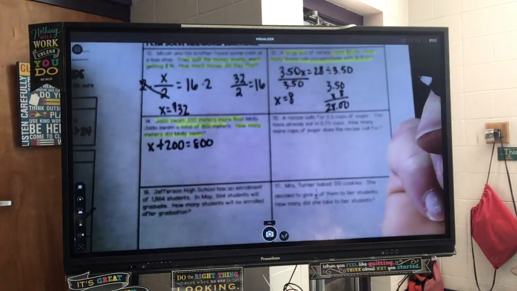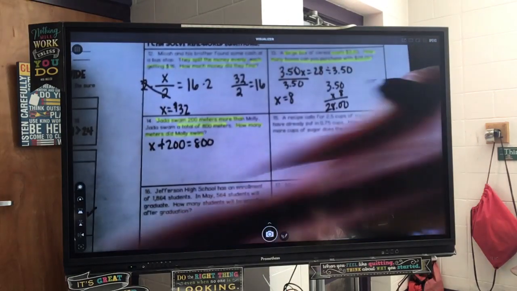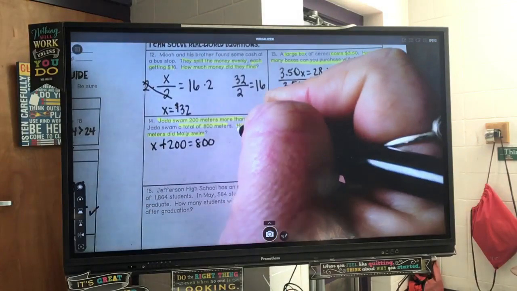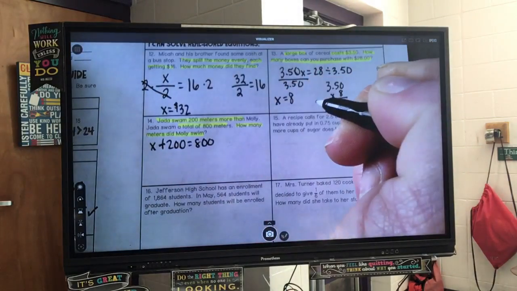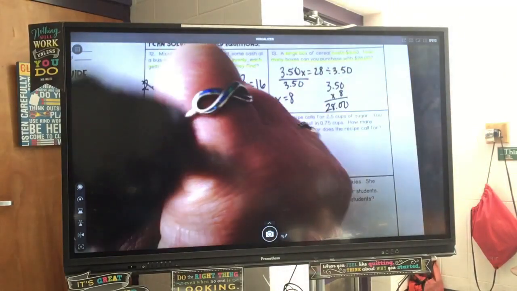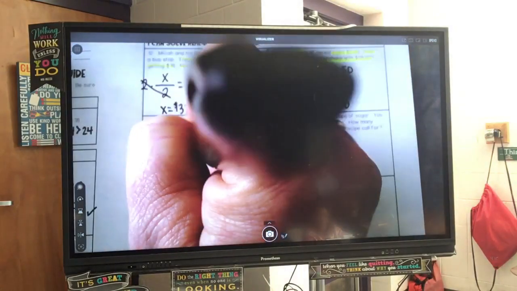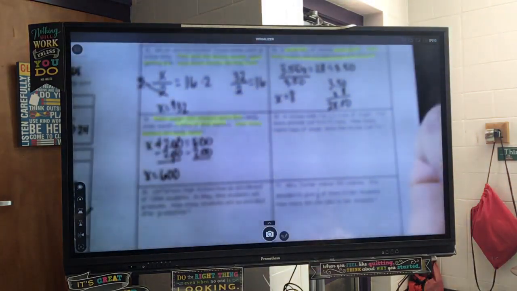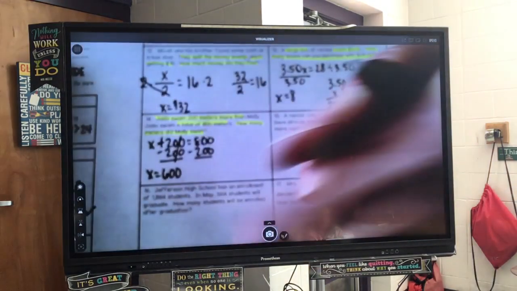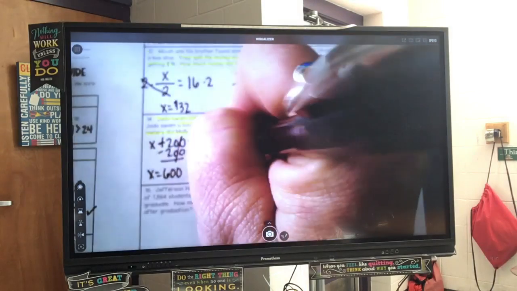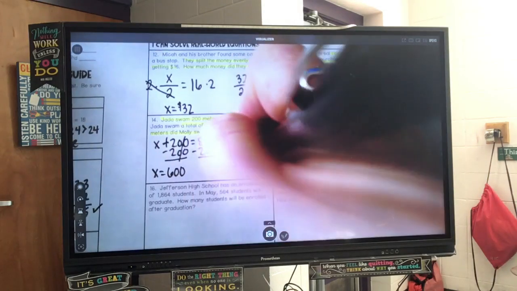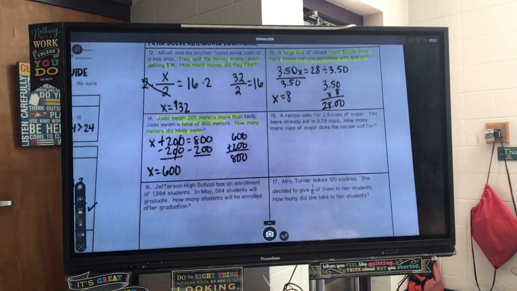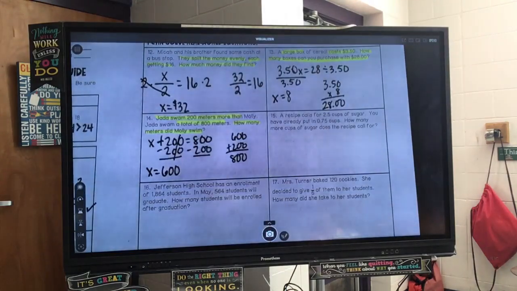We gotta subtract 200 from 800. So we're saying X equals 600, and how do we check to make sure? 600 plus 200.